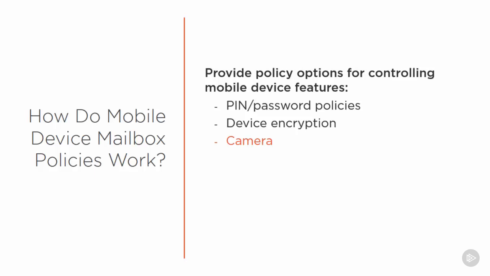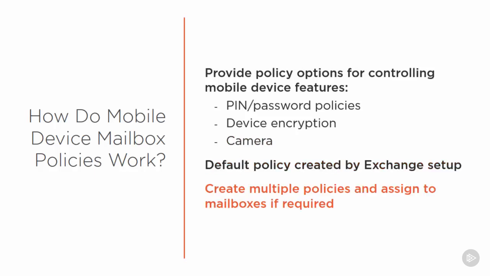It really depends on the operating system and sometimes even the make and model of the phone or the mobile device, which policy items can be configured. There is one default policy created by Exchange Setup, but you can create multiple policies if you need to and assign them to different mailboxes that have different policy requirements.